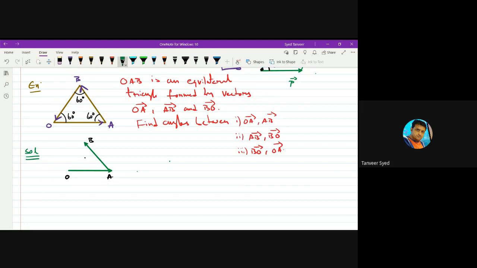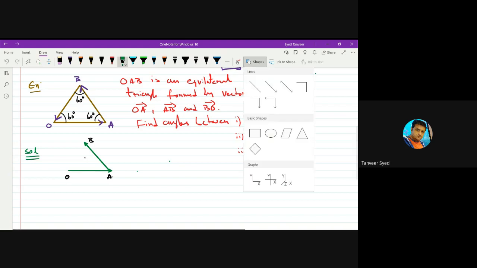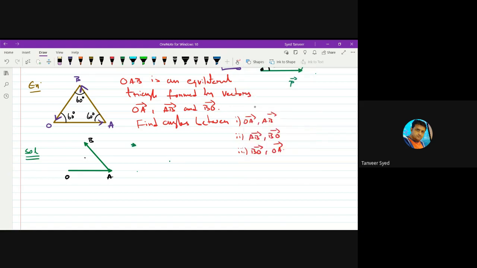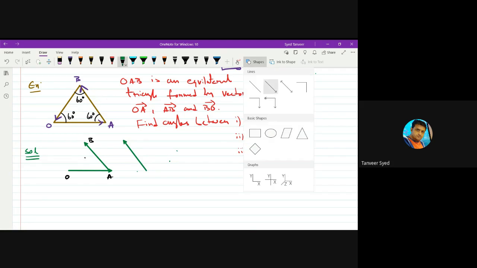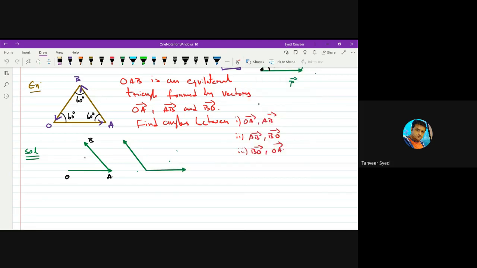I will keep vector B as it is and displace vector A like this. This is OA, this is OB. Tail to tail are in contact. This is the angle between them.